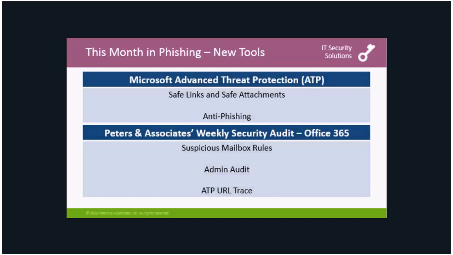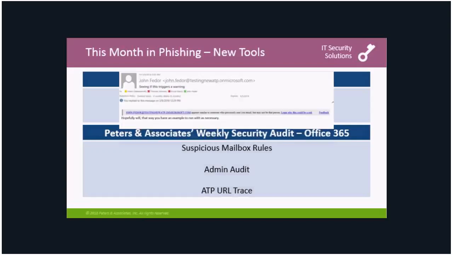So on the ATP piece, this is what that sample looks like. You can see John Fedor, he's our principal architect. I get a lot of emails from him, and he's sending to me from this testingnew-atp.onmicrosoft.com domain, and ATP alerts me and says, hey, this looks like somebody that you talk to a lot.